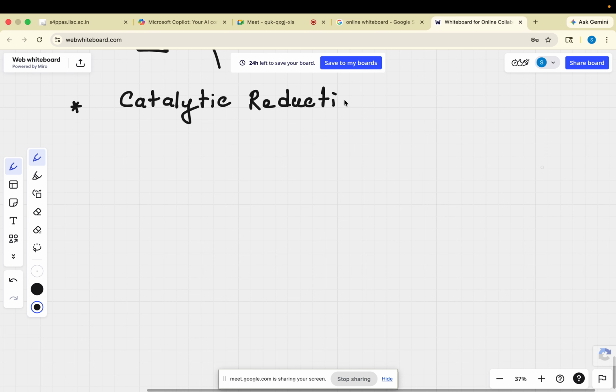Catalytic reduction. Now what are the factors basically we can use to get a better reactivity?